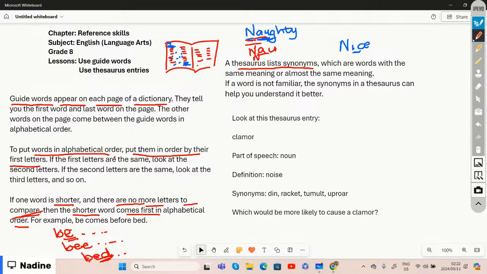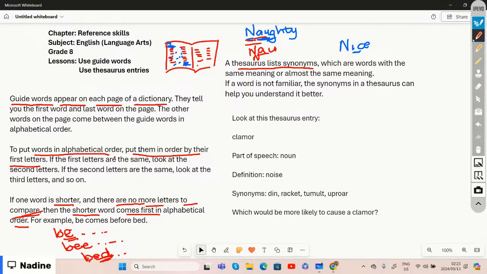So if there are four different meanings, they'll number it: number one, here's a meaning of naughty. Number two, here's another meaning of naughty. Number three, another meaning of naughty. And depending on the amount of meanings they have, they also give you examples underneath. And they also tell you what type of part of speech it is. That is in a dictionary.